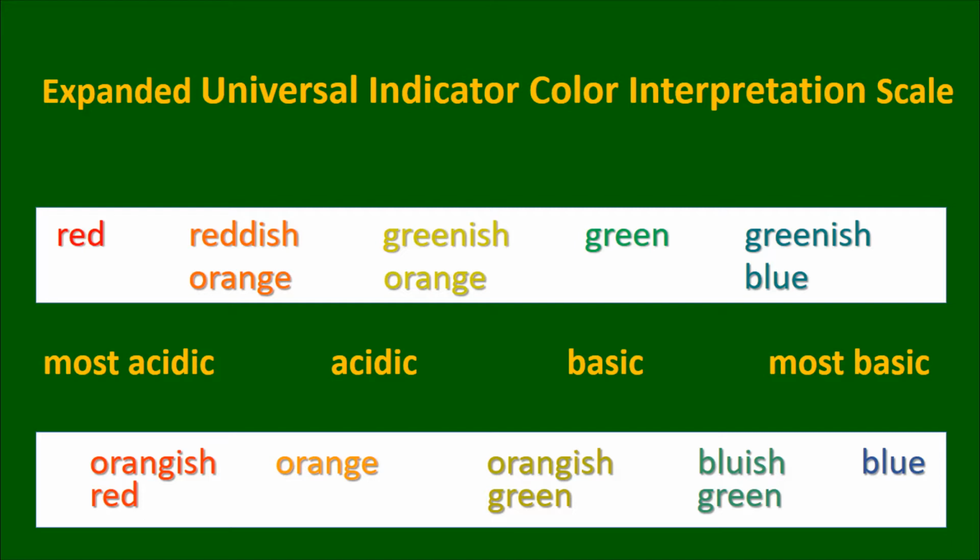If the color was between orange and red, but more red than orange, we could call it orangish red. Likewise, if a color was between orange and green, it could be greenish orange or orangish green, depending on whether it was closer to orange or closer to green, and so on.